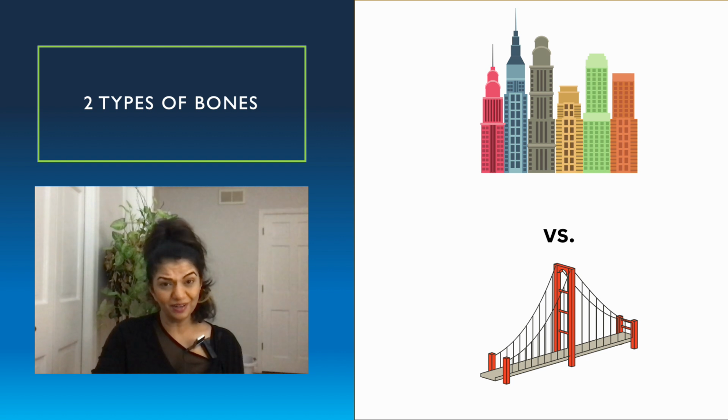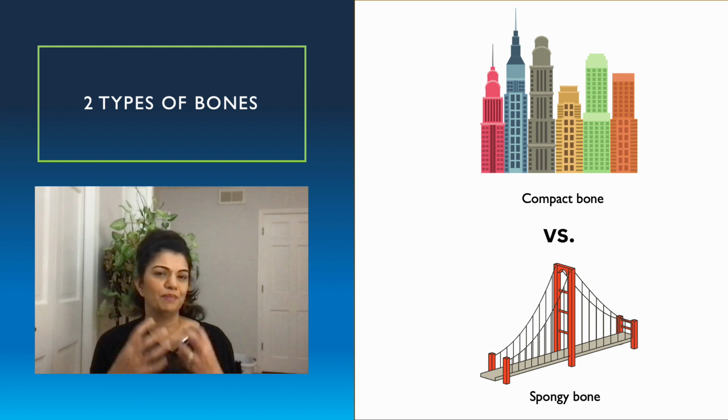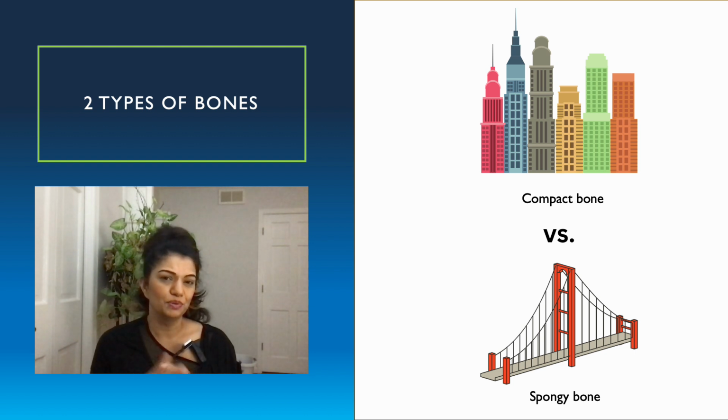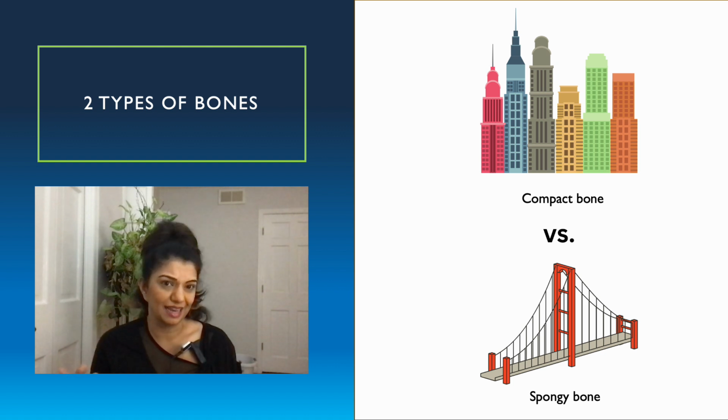Okay, going back to our analogy of architecture, bones, there are two types, right? We've got the compact bone versus the spongy bone. The compact bone is going to be a dense and strong outer layer that bears weight and provides support. Imagine it as the steel frame of a skyscraper.